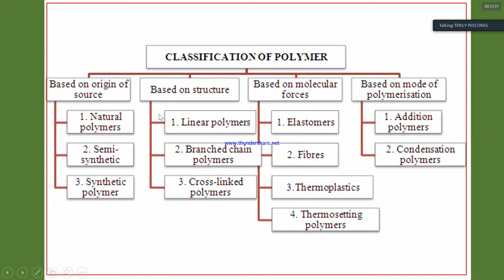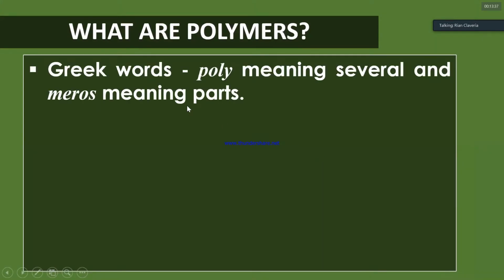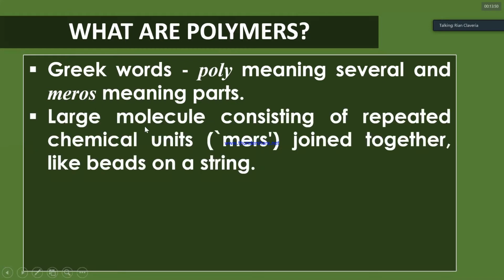So, ito yung mga different classifications of polymers. What are polymers? Polymers come from the Greek word poly, meaning several, and meros, meaning parts. So, meaning polymers have many parts. These are actually large molecules consisting of repeated chemical units.